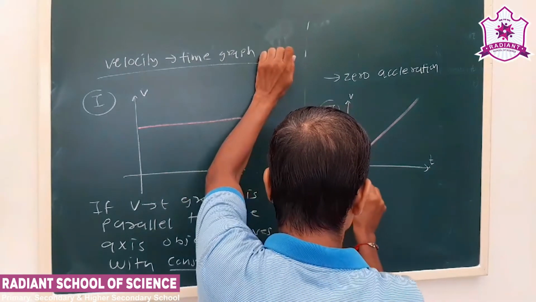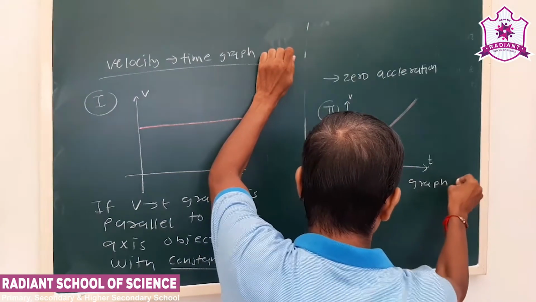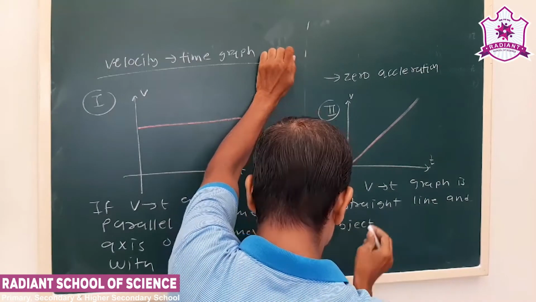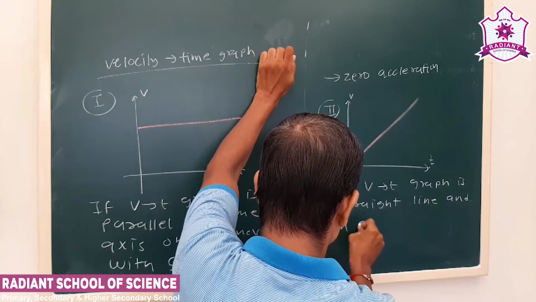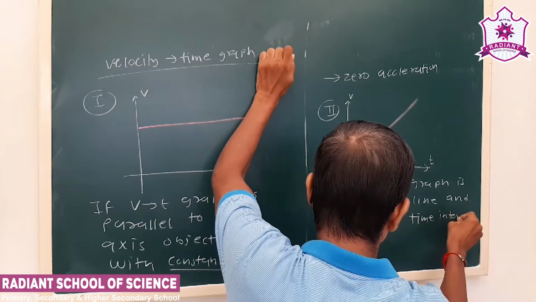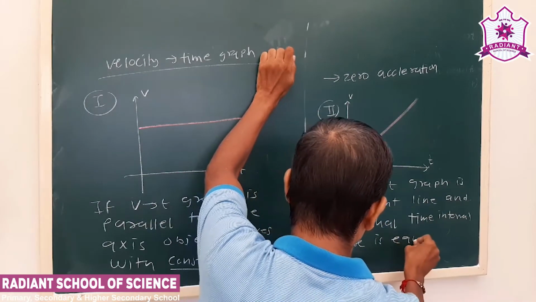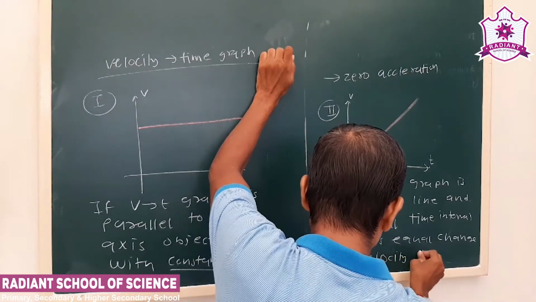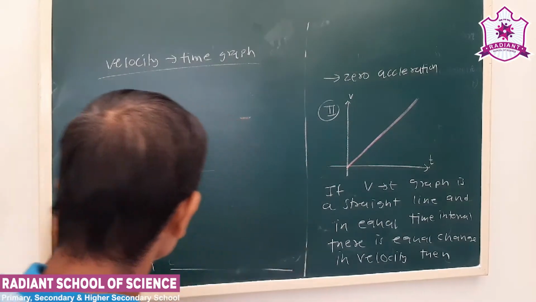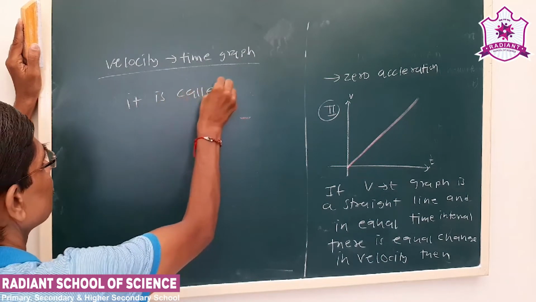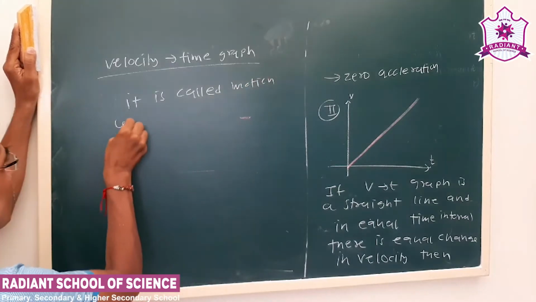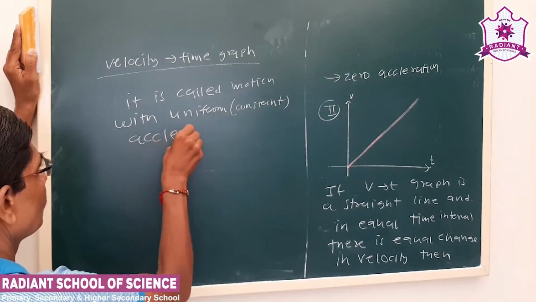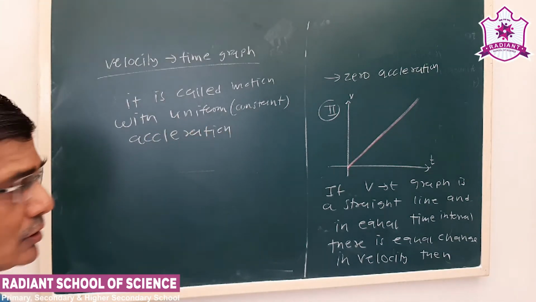So we can write like this: if the v versus t graph is a straight line and in equal time intervals there is an equal change in velocity, then it is called motion with constant or uniform acceleration.